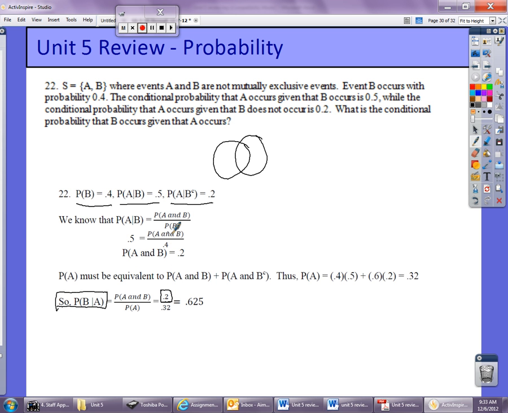Now, as far as getting the probability of A, you have to take the probability of A and B plus the probability of A and B complement, because the two of those added together give you the probability of A, since it takes out that overlap of B. So you take 0.4 times 0.5, A and B, plus 0.6 times 0.2, and you get 0.32. So that's how you get this probability of A here on the bottom. Divide those and you'll find the probability of B given A.